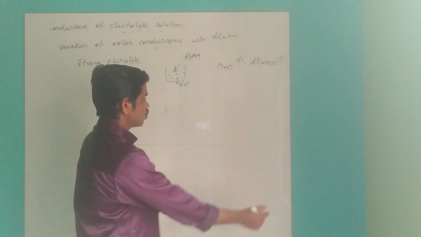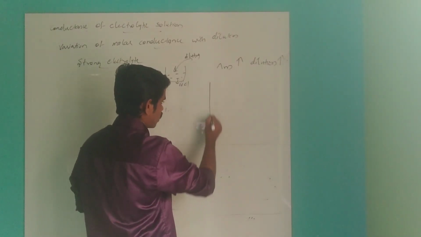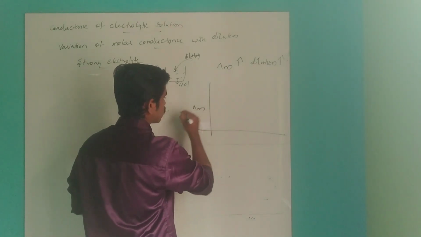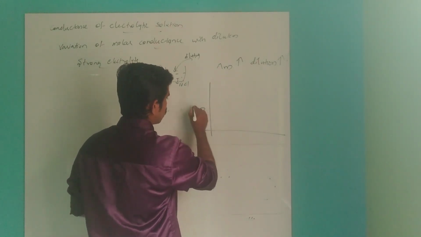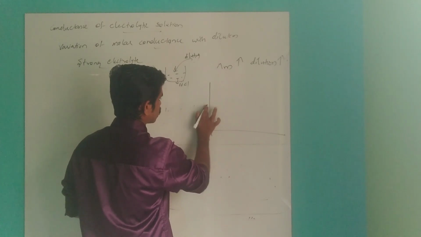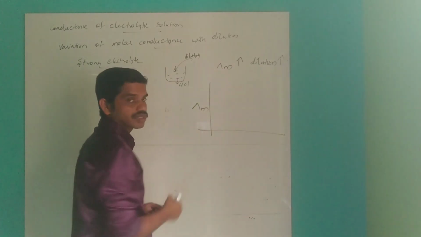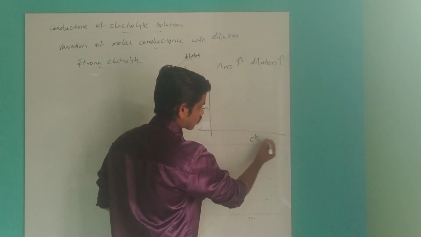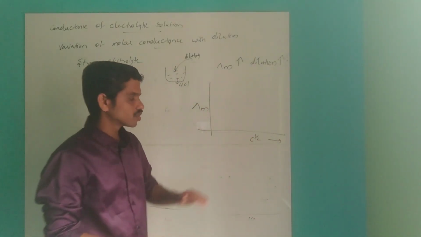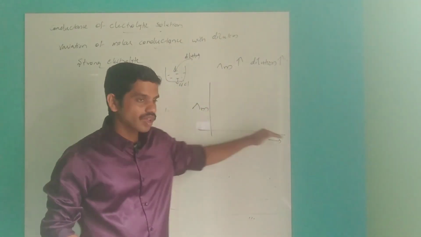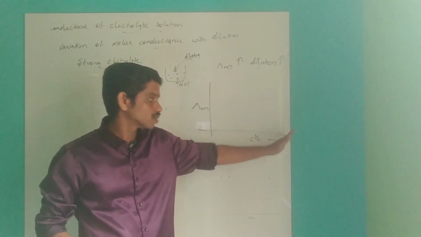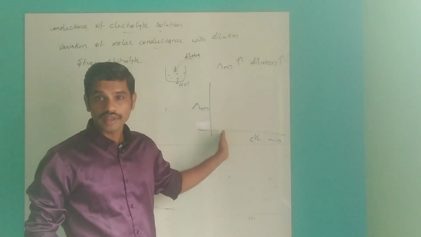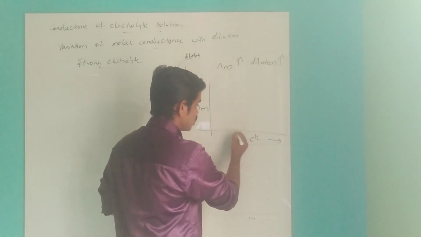So if you are plotting a graph of molar conductance lambda m against concentration, when you are going from left to right, the concentration increases, and when you are moving from right to left, the dilution increases.